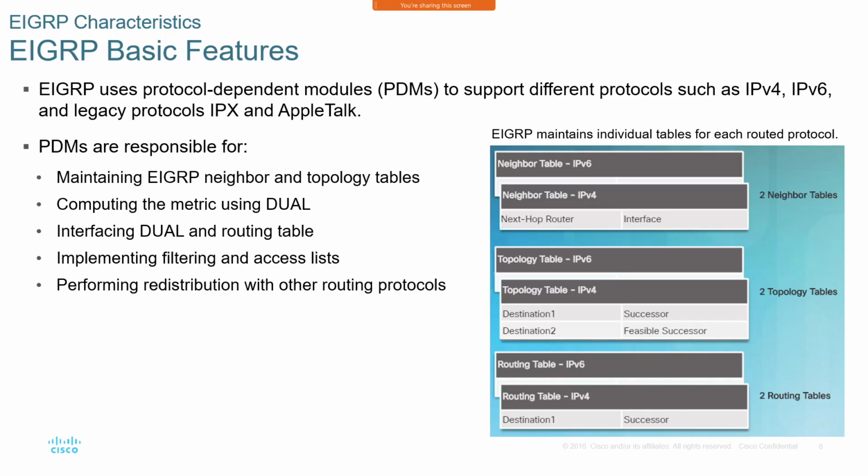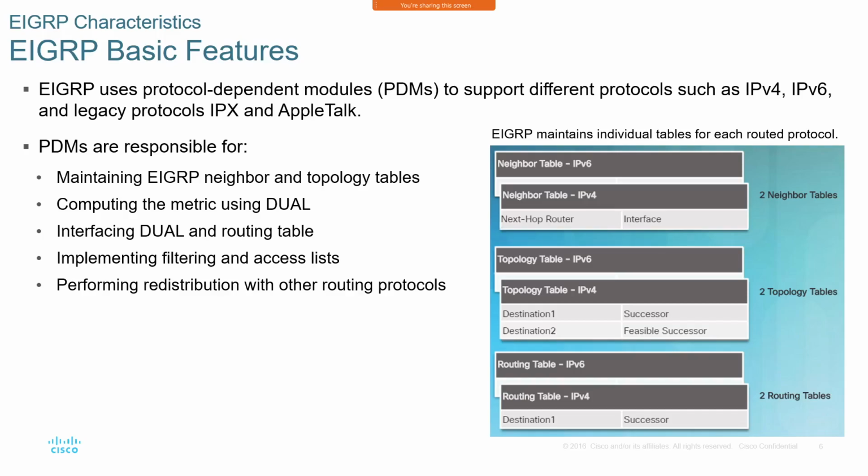Now, EIGRP uses protocol-dependent modules to support different protocols. In other words, EIGRP will support IPv4 and IPv6. Now, it's the same way of thinking. If you have separate networks, the routers will only know about the networks that they're directly connected to, and this principle applies to both IPv4 and IPv6 networks.